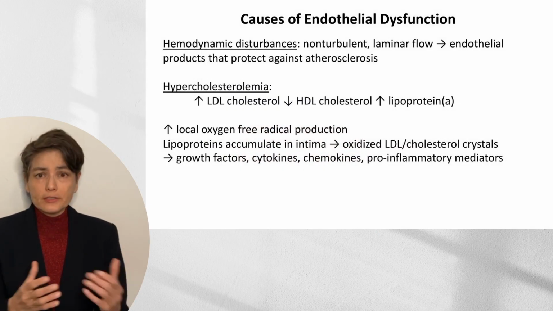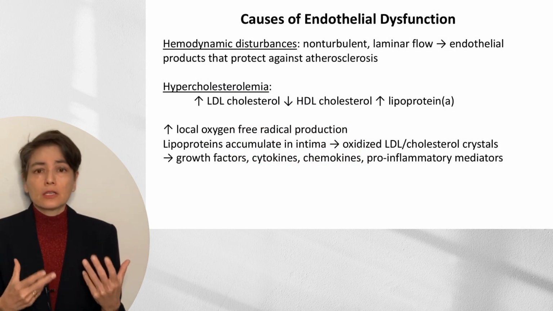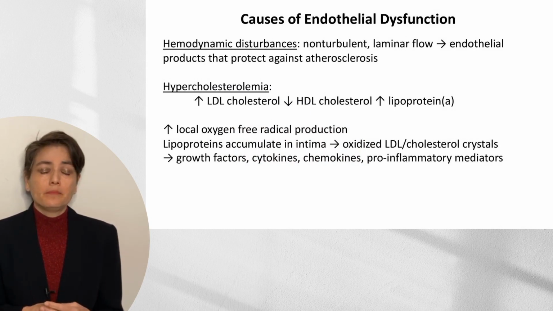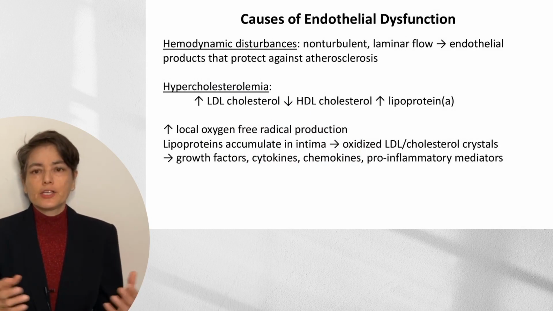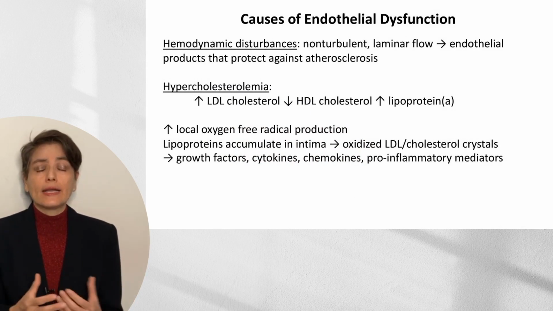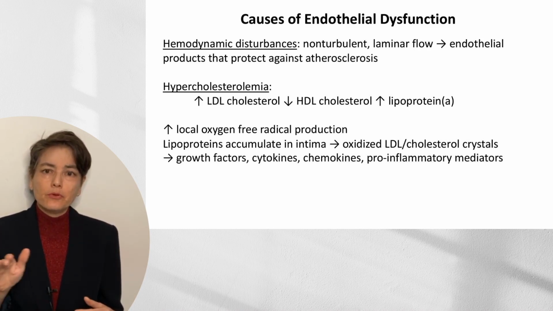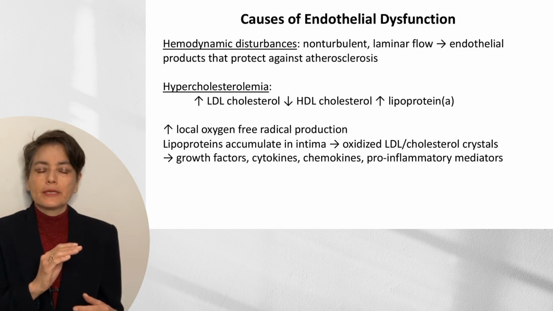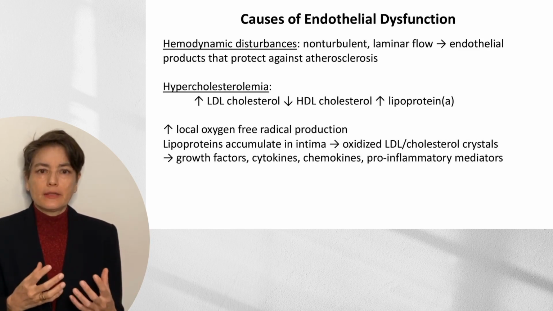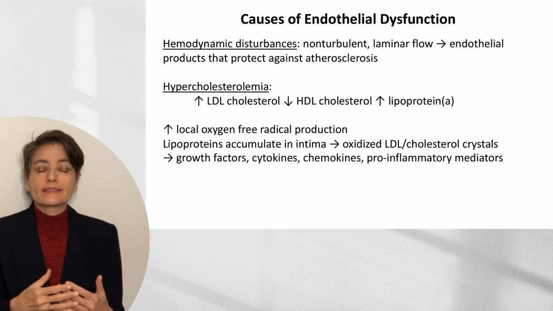So what are causes of endothelial dysfunction? There are a lot of them. So it can be bacterial infection, it can be toxins, and it can be a variety of different things. But the two I want us to focus on in the context of atherosclerosis are hemodynamic disturbances and hypercholesterolemia. So in the typical happy vessel where we have smooth laminar flow, it's not turbulent, the endothelium is going to respond to that by elaborating products that are protective against atherosclerosis.